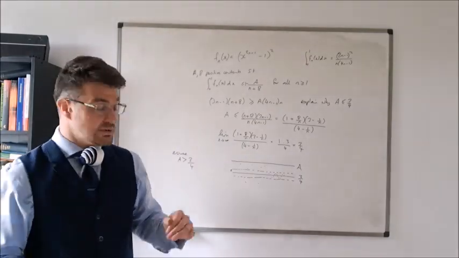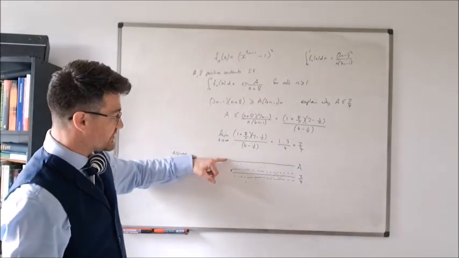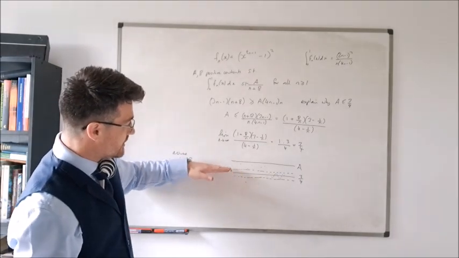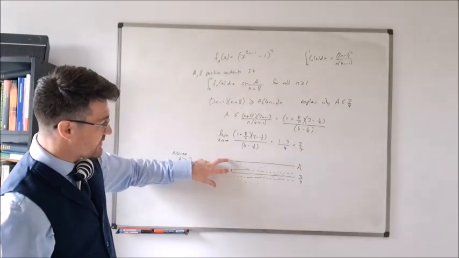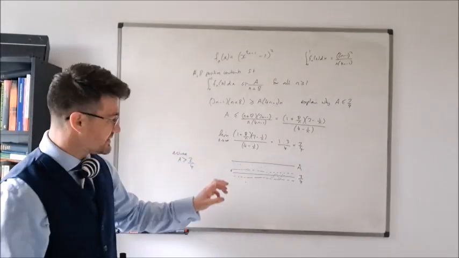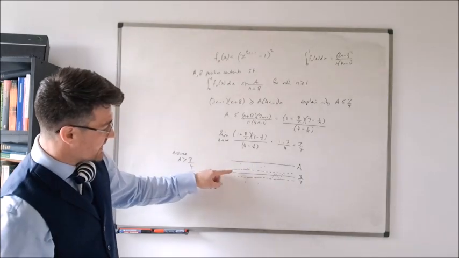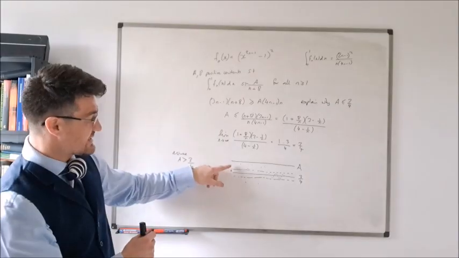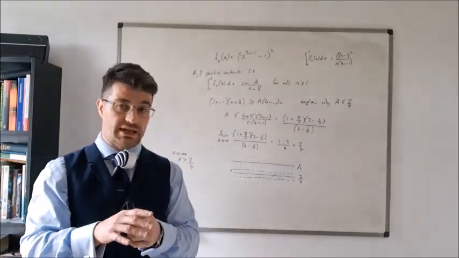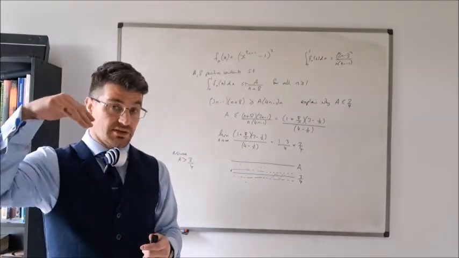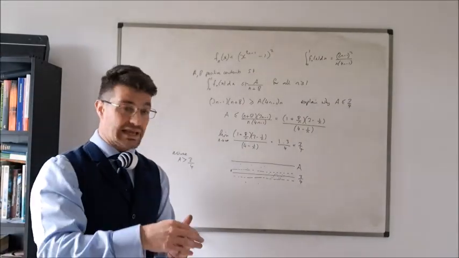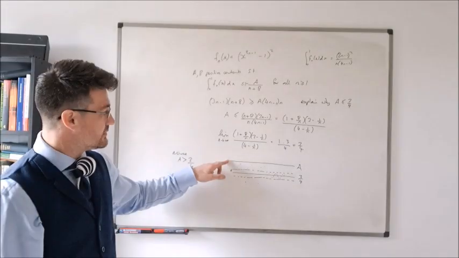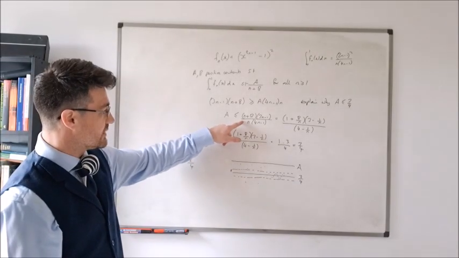So all I've got to do to arrive at a contradiction is to show that, because there's a non-zero gap between 3/4 and A, I just choose my epsilon band such that 3/4 plus epsilon is going to be less than A. So if 3/4 is the limit of my sequence, then my terms will end up inside this epsilon band and therefore must be less than A. But that contradicts this inequality here, right?